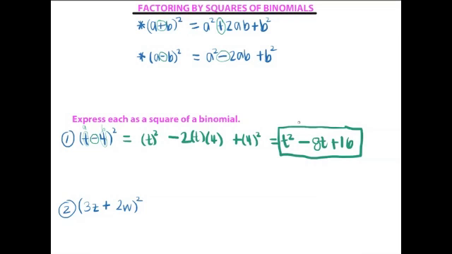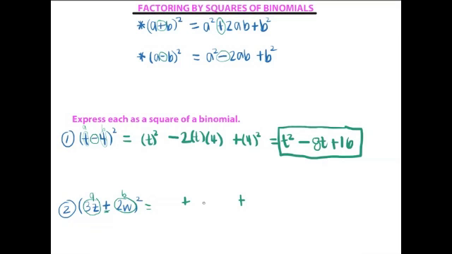Let's look at number 2 because it's a little different than the first one. I have two terms now, but you take this whole thing, and that whole thing is A, and you take this whole thing of the 2W, and that whole thing is B. I see a plus sign here, which means my first sign has to be plus, and the second sign is plus like it always is.